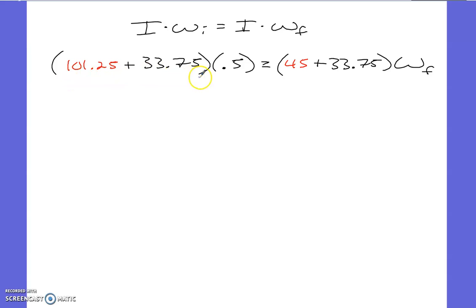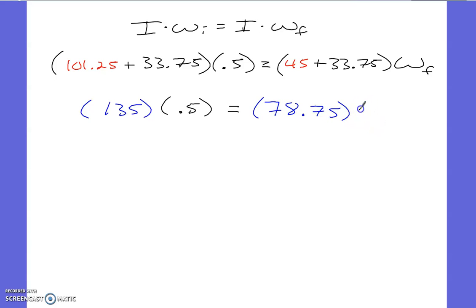Now if I solve 101.25 plus 33.75, I get 135, still times the 0.5. Over here I have 45 plus 33.75, which is 78.75, and I still have my variable.